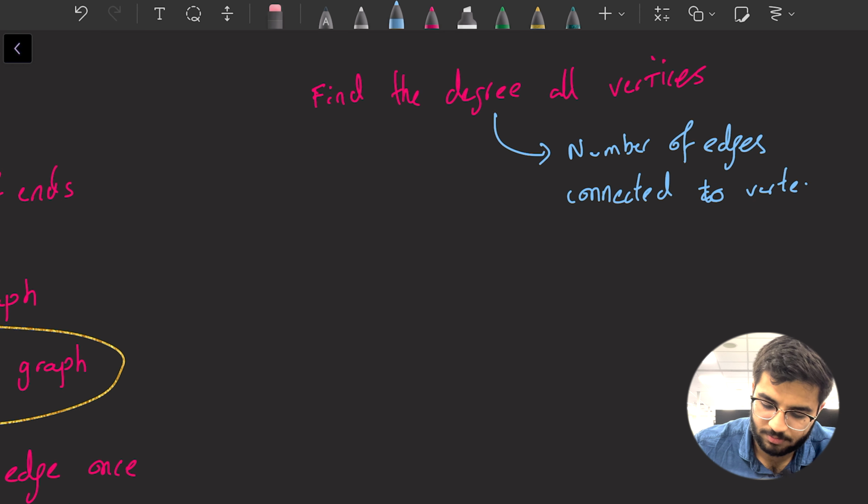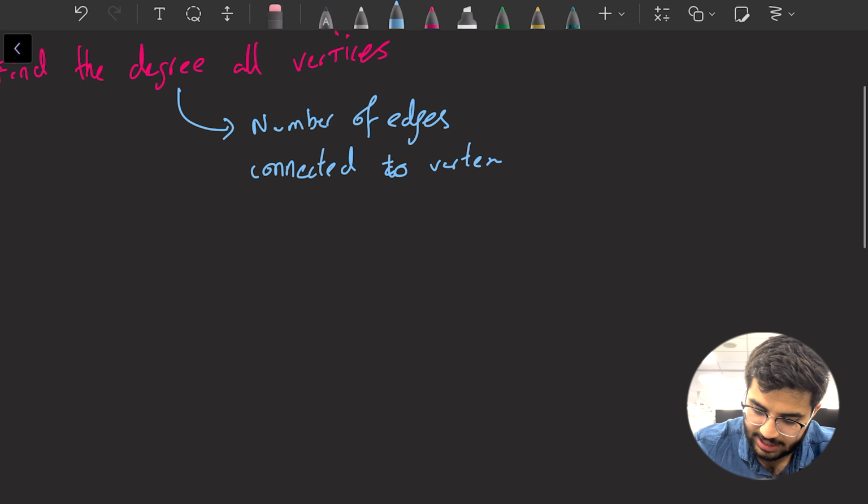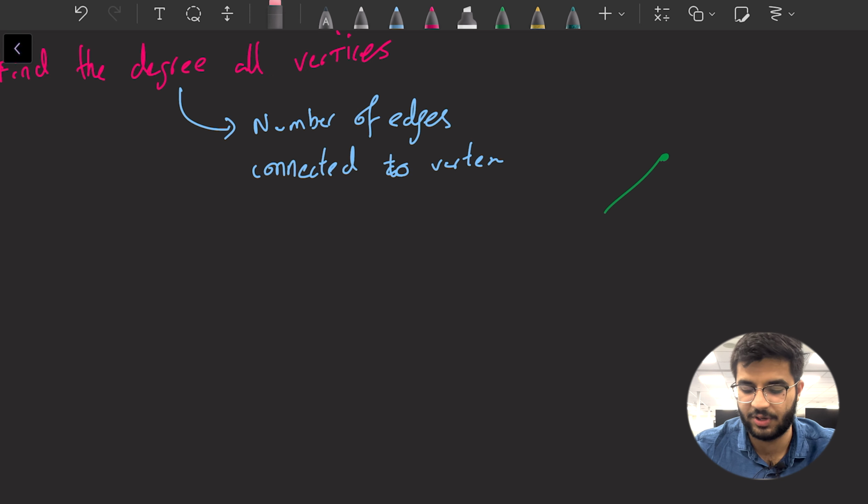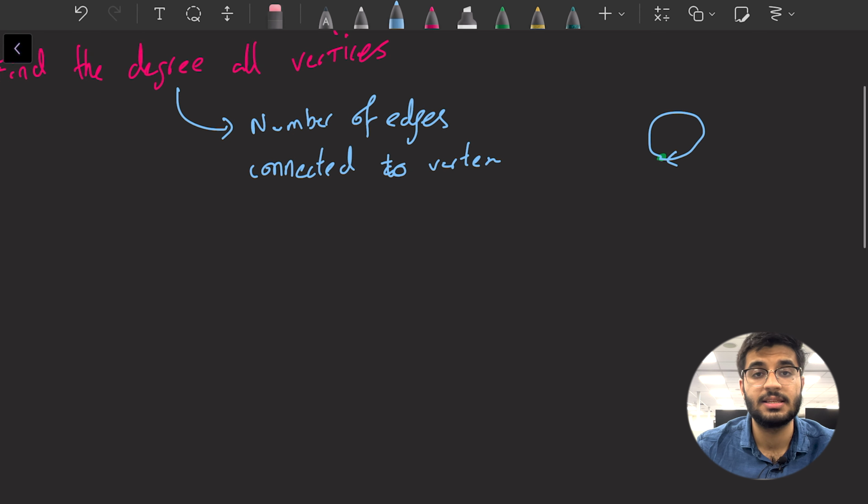So if I have a vertex like this, and it has two edges going out, then its degree is 2. If it only has one edge going out, then its degree is 1. If it has none, its degree is 0. Now the question is, what if it has a loop? What is its degree now? In this case, the degree is 2.